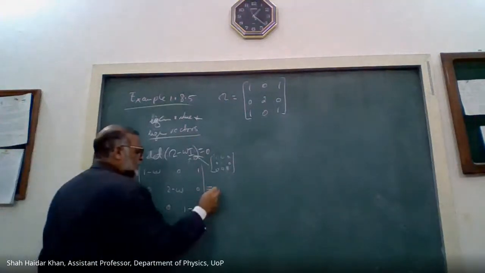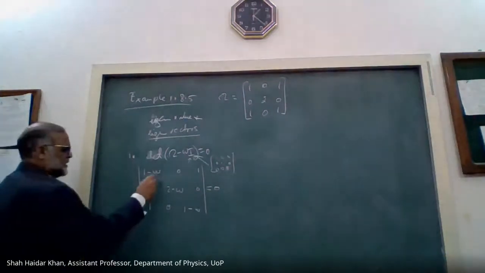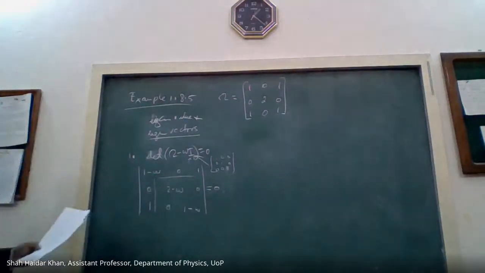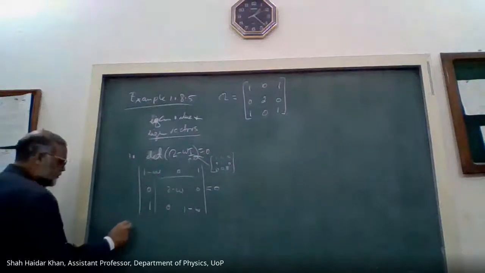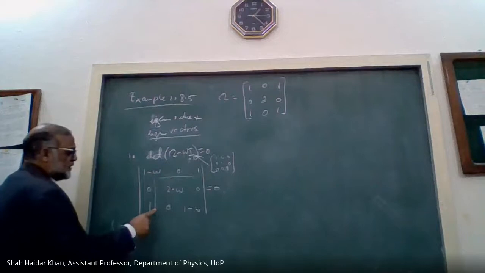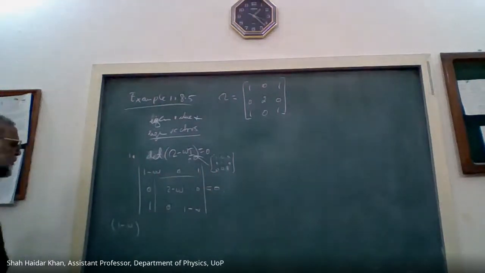That will be equal to, right? Now I expand it with respect to this row, this column, or this row. किसी भी column or row के साथ इसको expand करें, right? So you will get what? 1 minus omega. If you want to expand it with this is gone, this is gone, right?